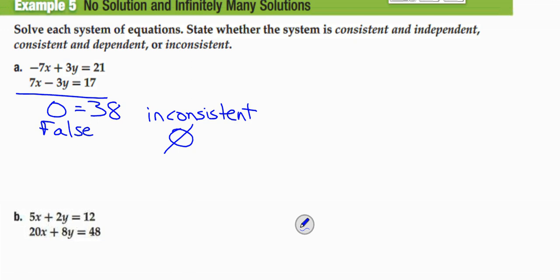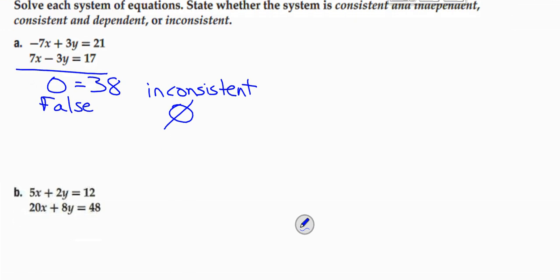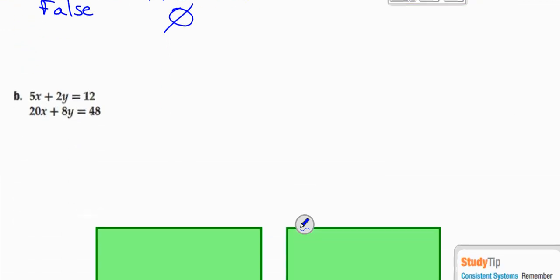On this next one, we might as well do that one too. What are you going to multiply by? -4. So I'm going to get -20x minus 8y equals -48.